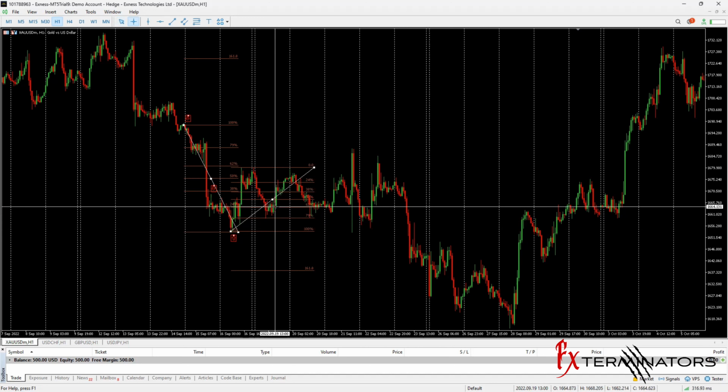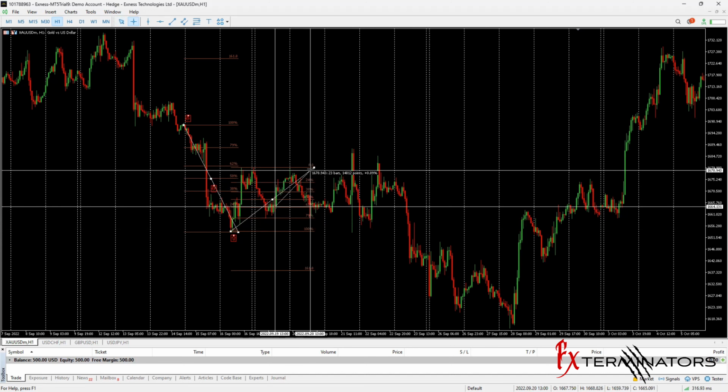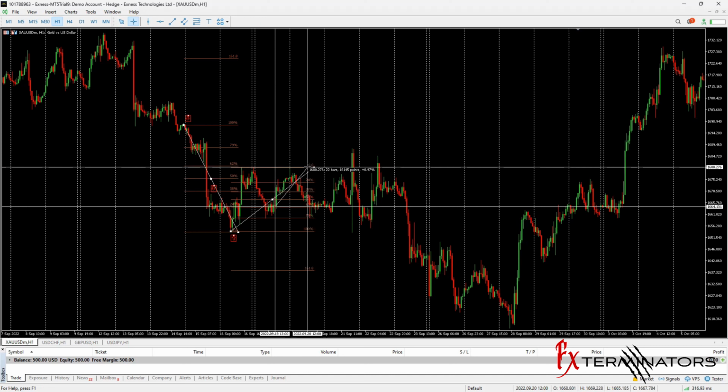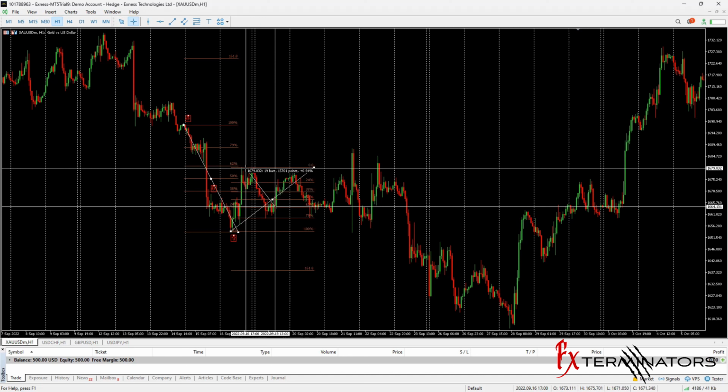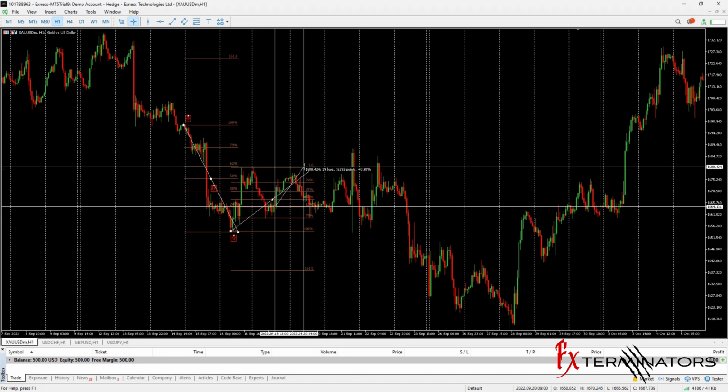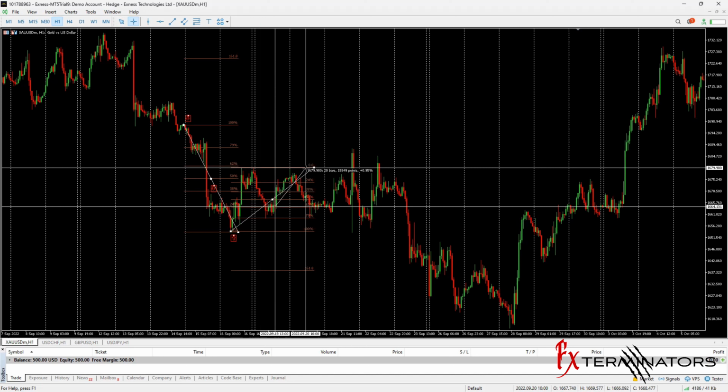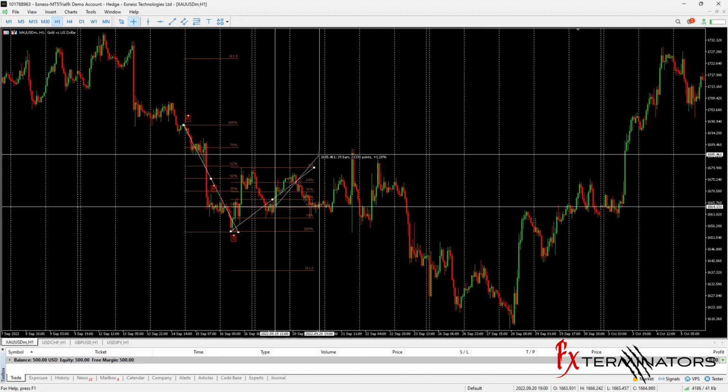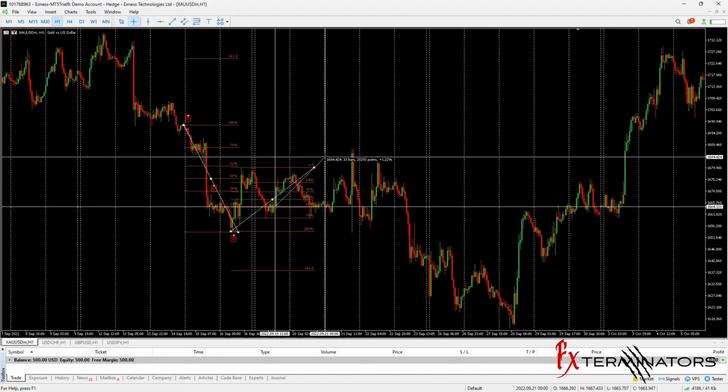You understand? So now, if you're to take your entry at this level, then your TP just right above this level. That's maybe at the high. You can take a partial. You can book some profit from this high, and then take your initial profit from this breakout structure.